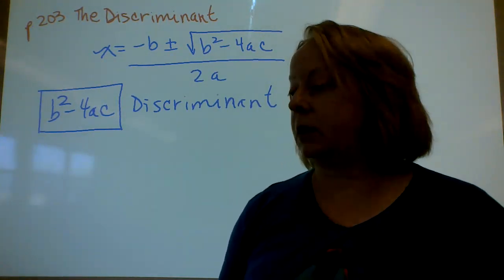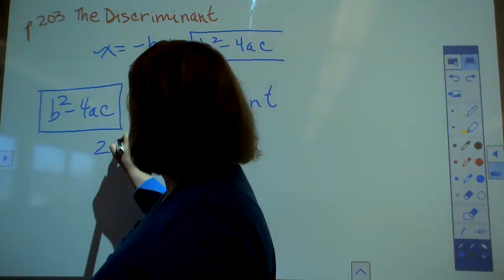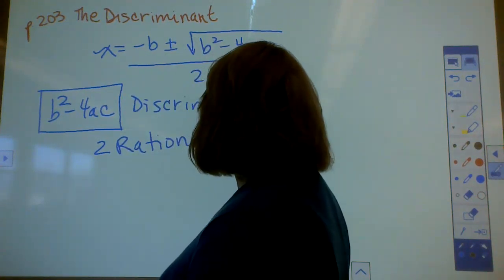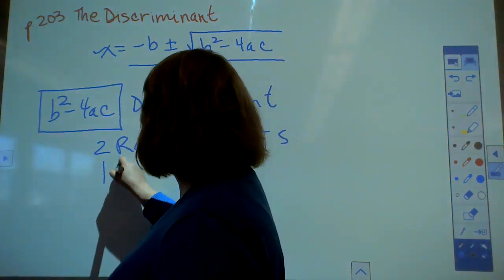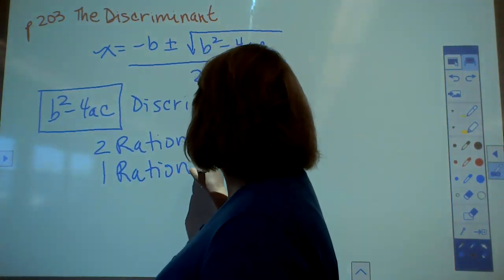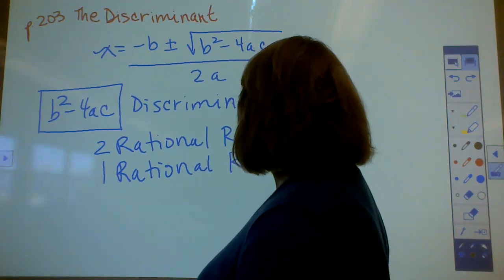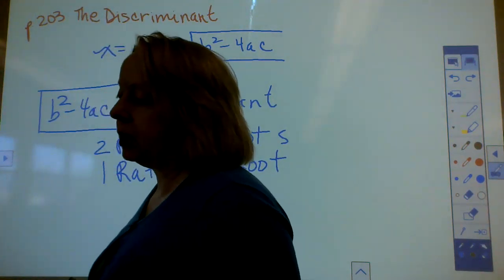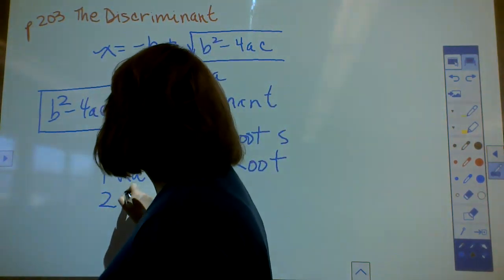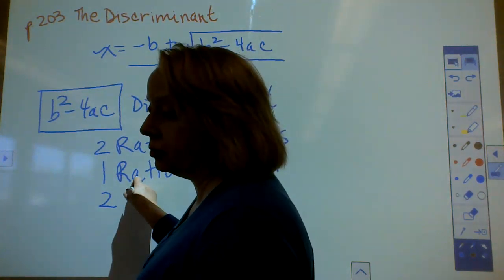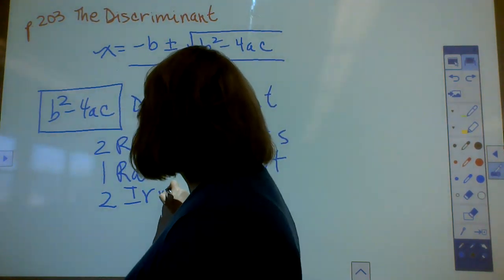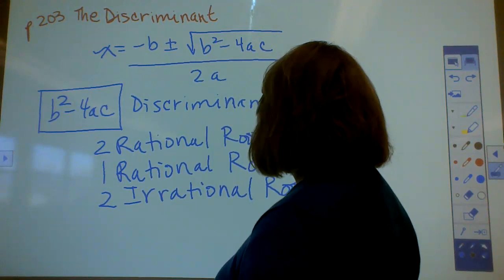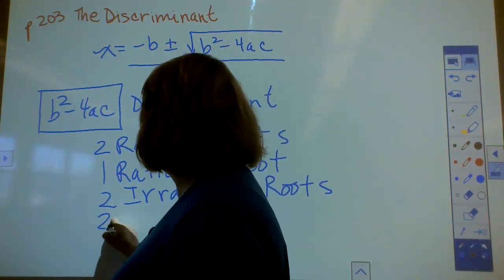So yesterday we talked about how we could have two rational roots, one rational root, two irrational roots, and two complex roots.